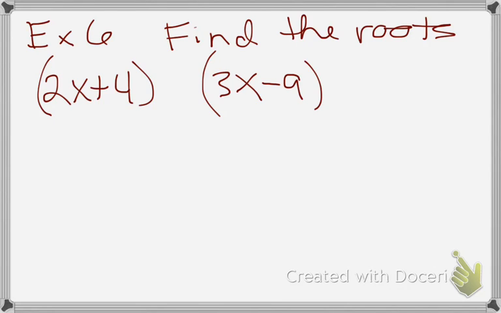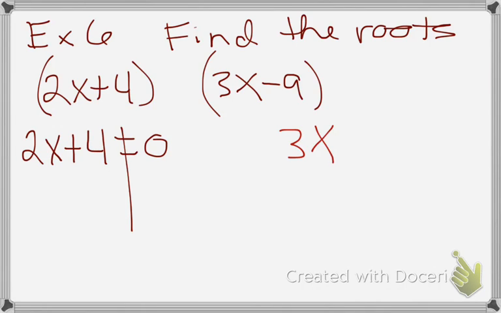It'll be 2x, and then subtract 4, right? You have to subtract 4. You have to follow the steps. And when you're done following the steps, and you think you have the 2 roots, let me know.